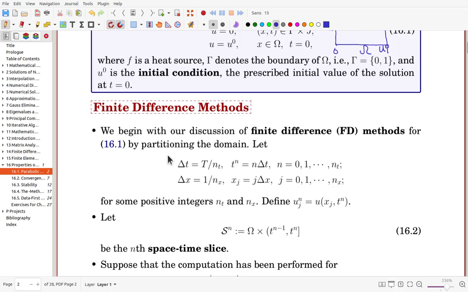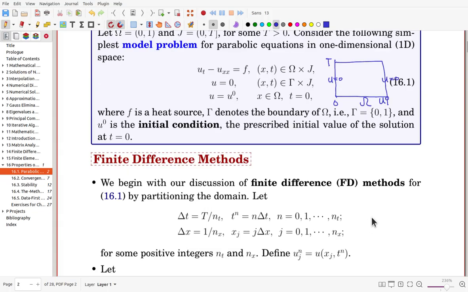Okay, we begin with the method for the differential equation by partitioning the domain. In the time direction, we chop the interval into N sub t subintervals. In the spatial direction, we try to get N sub x subintervals.